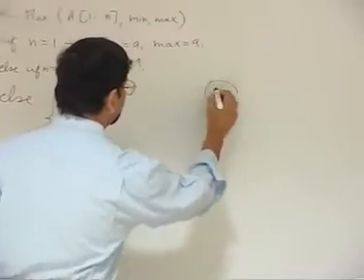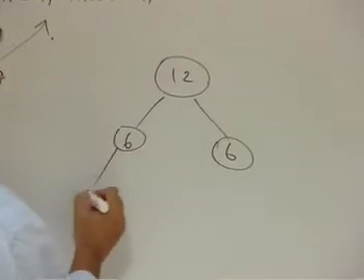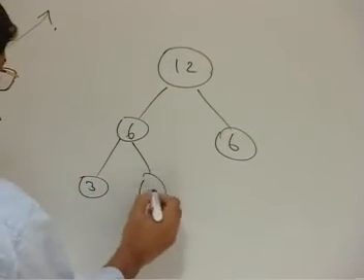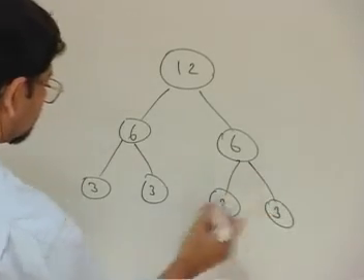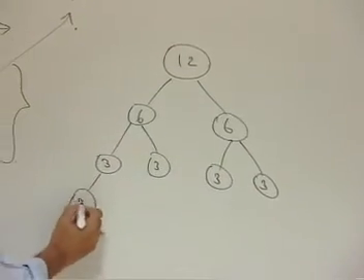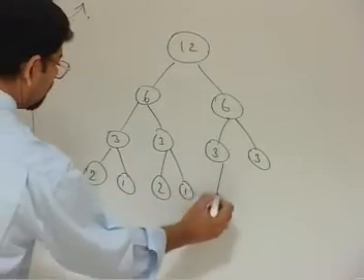Take 12, you are going to split into 6 and 6, and then 6 will be split into 3 and 3, and this will also be split into 3 and 3, and this 3 will be split into 2 and 1, and this will be split into 2 and 1.